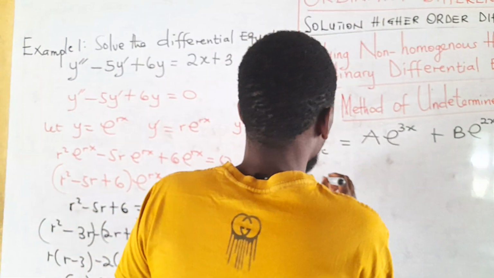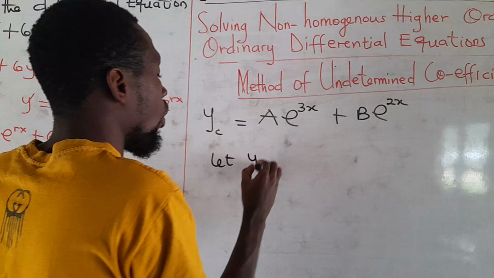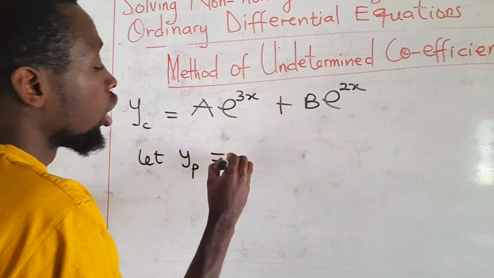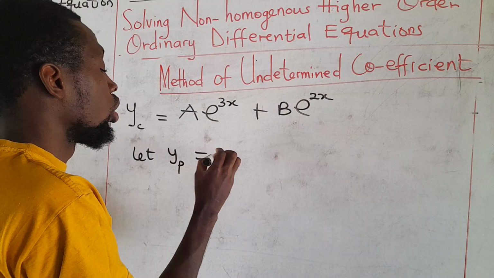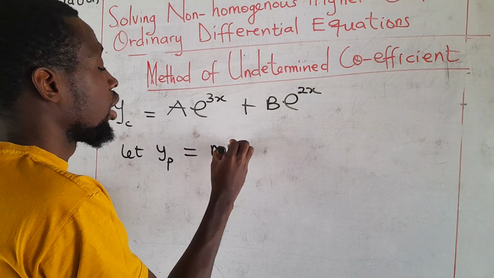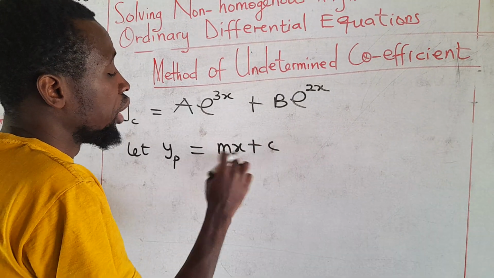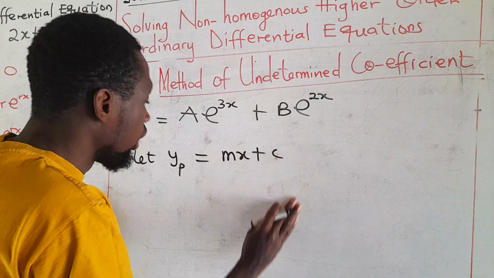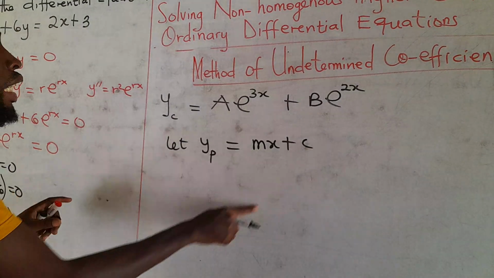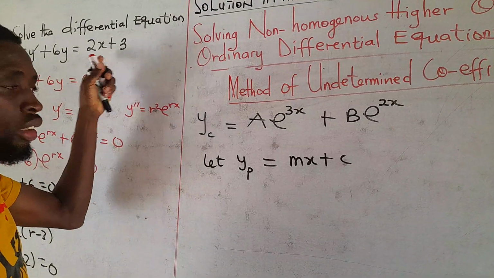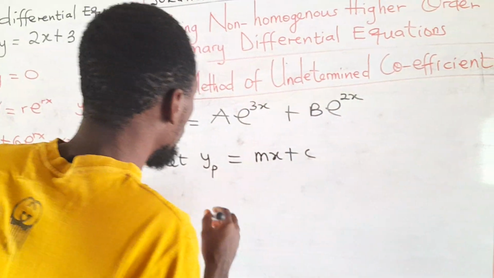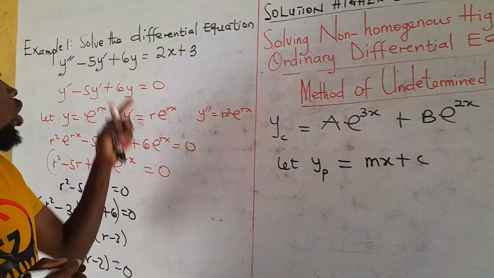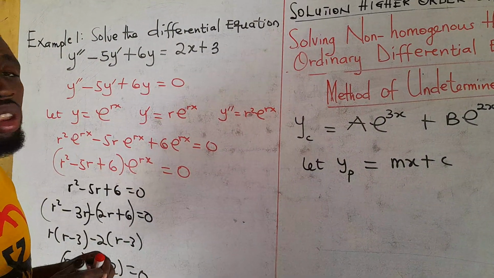So we let our y of p, which is the solution to the non-homogeneous side, be equal to maybe mx plus c, or you can use bx plus a, or ax plus b. It should just be linear, looking like this. So what do we do? We differentiate this function up to the order of this differential equation.